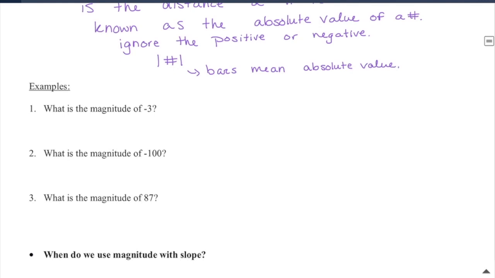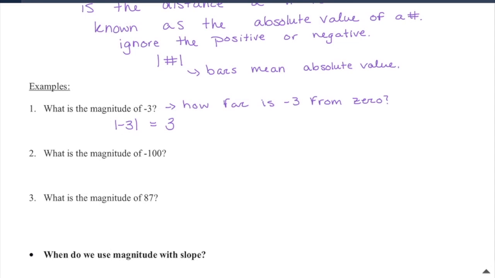When I ask what is the magnitude of -3, I'm asking you how far is -3 from 0. In order to look at that, we look at the absolute value of -3. The absolute value of -3 means we ignore the positive or negative, so it just becomes 3. So that's our magnitude. I encourage you to pause this video and try the next two before we continue.